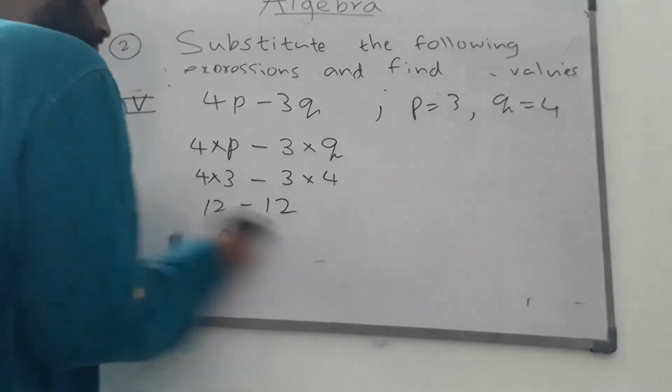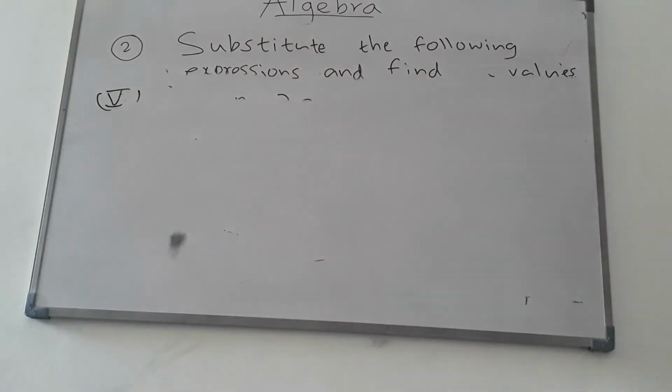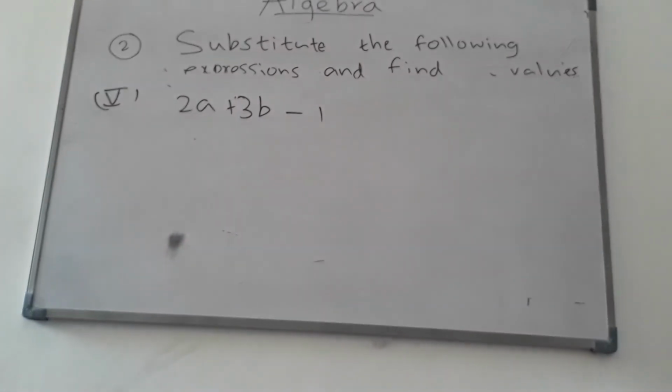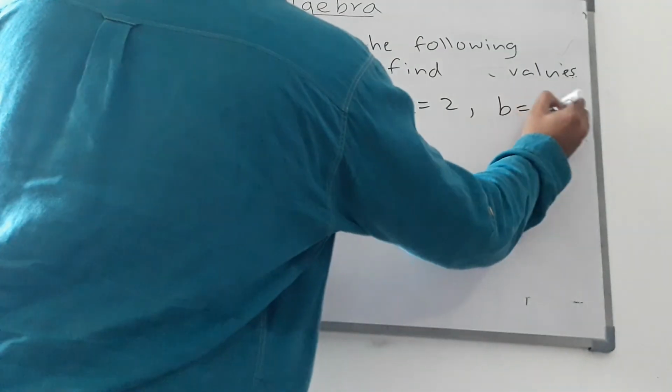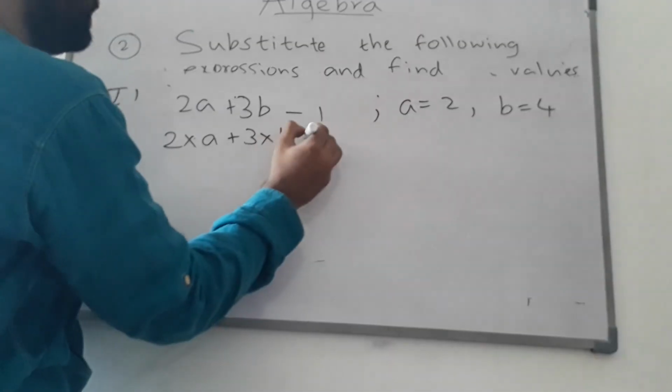Last question. Under substitution. 2a plus 3b minus 1, where a is 2 and b is 4. a is 2, but before that we will expand this. 2a means 2 times a, 3b means 3 times b, minus 1.